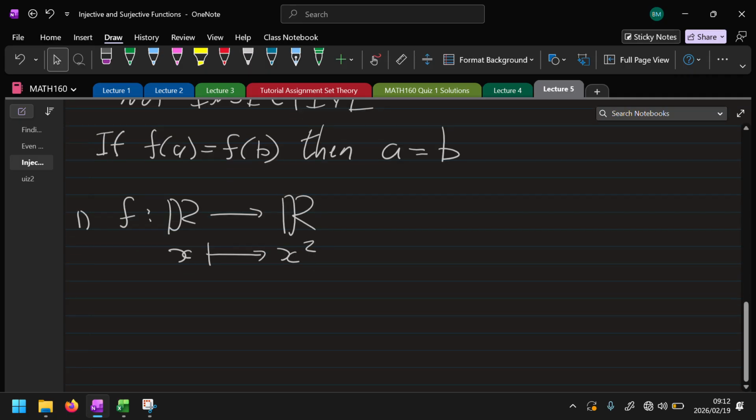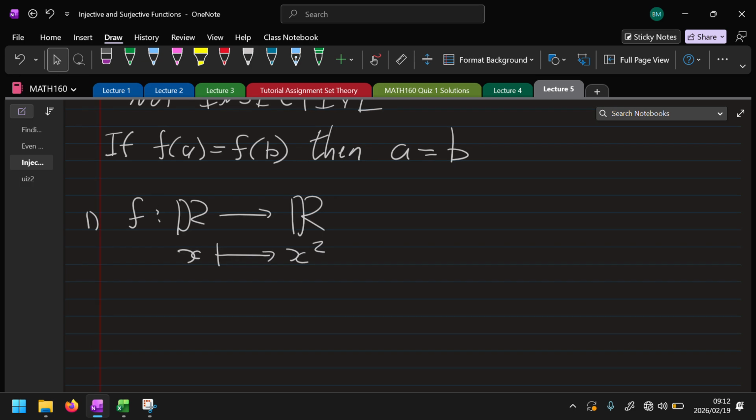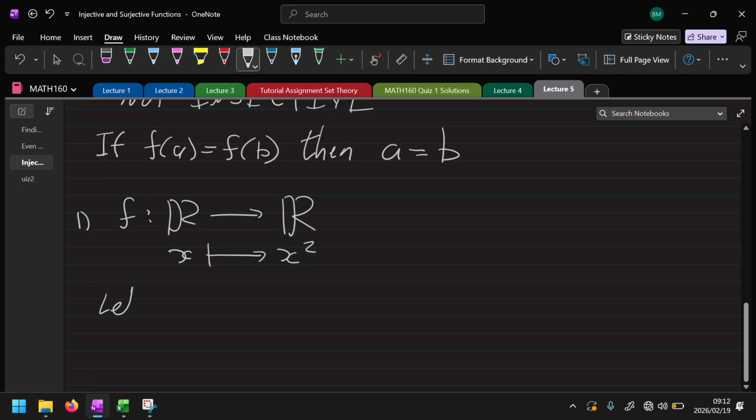Okay, so the idea is to show that this is not injective. So let's take f of a equals f of b and show that we do not get a equals b. So we take a and b from the domain, elements of real numbers, and we let f of a equals f of b.